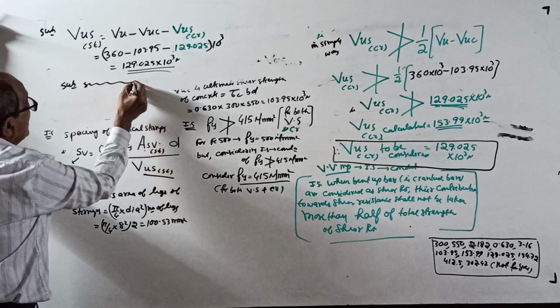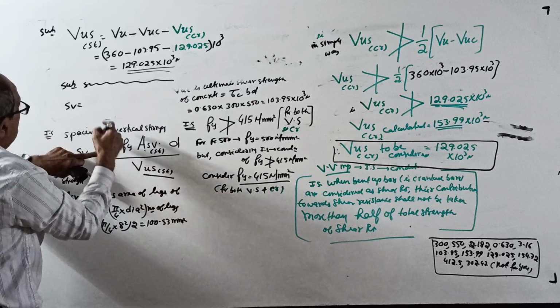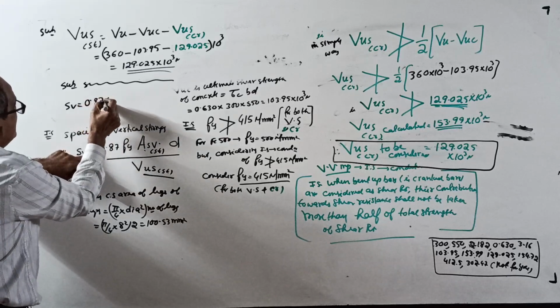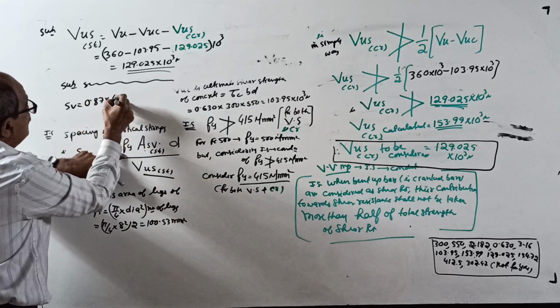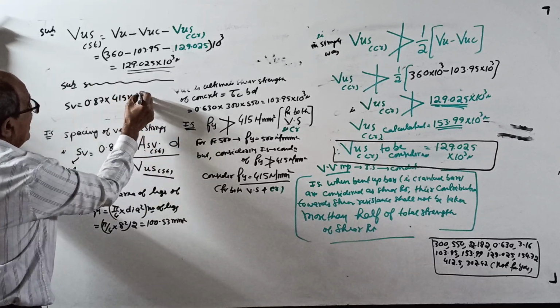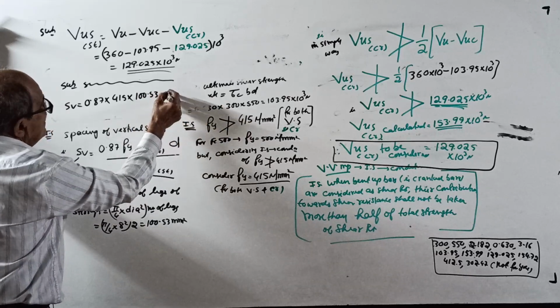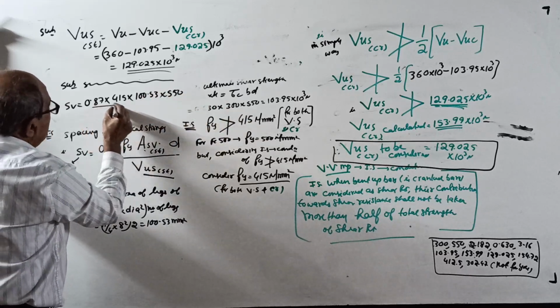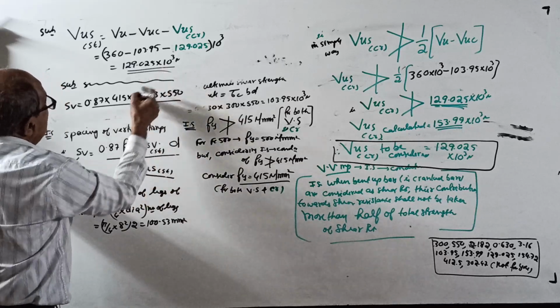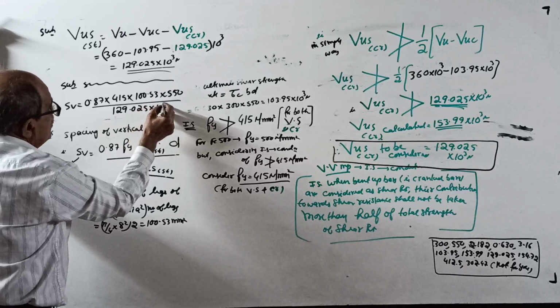Spacing of vertical stirrups. SV equal to 0.87. You should substitute Fy equal to 415. ASV for stirrup is 100.53 into D is 550 divided by VUSST is 129.025 10 to the power 3.